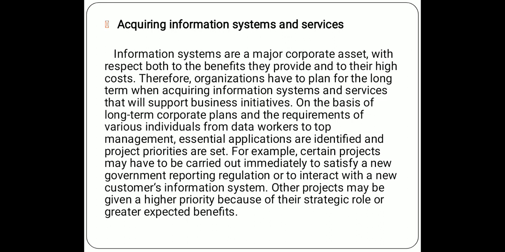The long-term corporate plan, as well as the requirements from various individuals, from data workers as well as from the top management, helps to identify the project priorities. For example, certain projects may be carried out immediately to satisfy a new government reporting regulation, or sometimes to interact with a new customer information system. They may be given a higher priority because of the strategic role or the greater expected benefits.